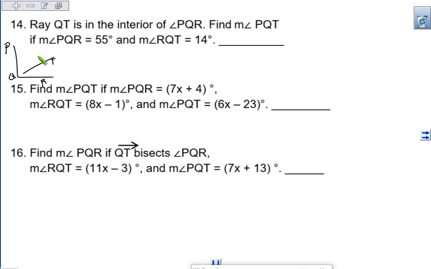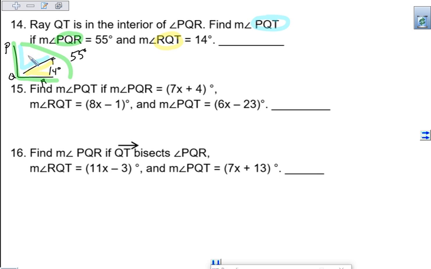And we know PQR, this whole thing, is 55 degrees. And we know angle RQT is 14 degrees. And we are trying to figure out angle PQT, this angle here.